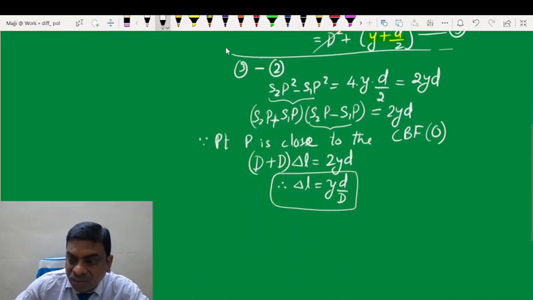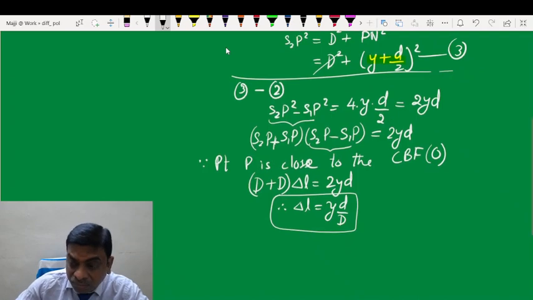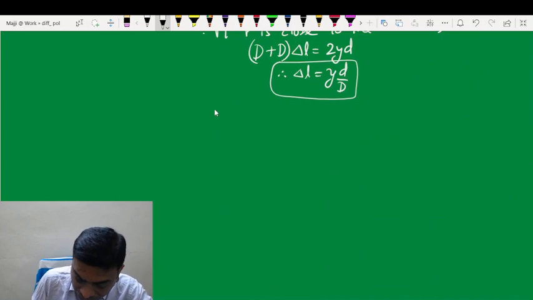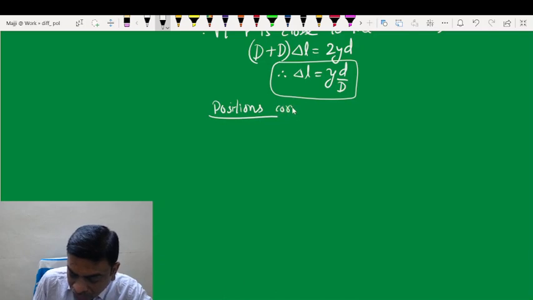Right now, we are interested only in the dark and bright fringes. So next we'll see positions corresponding to bright fringe. Okay, position corresponding to bright fringe.